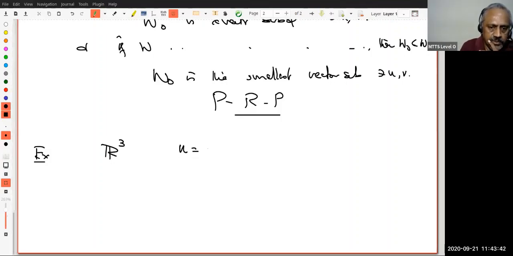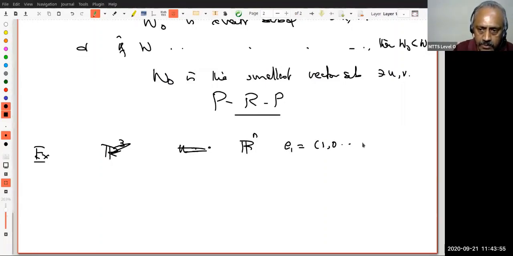Maybe I should introduce, in Rn, these vectors that are going to play an important role. The vector E1 is an n-tuple 1, 0, 0, 0. E2 will be 0, 1 at the second place, after that 0, 0, 0.